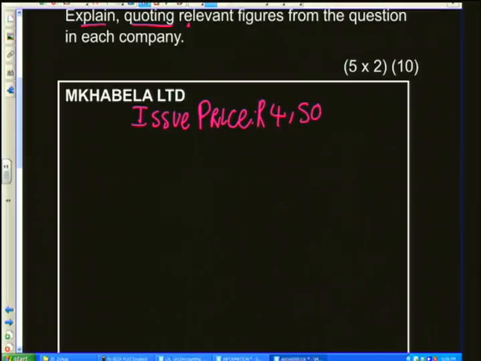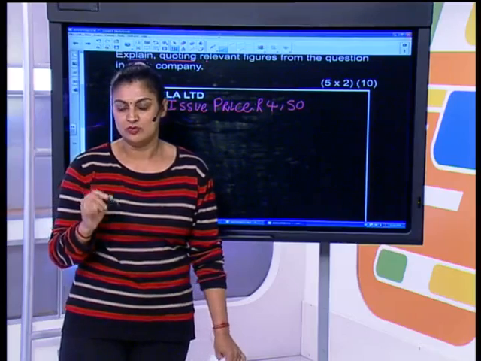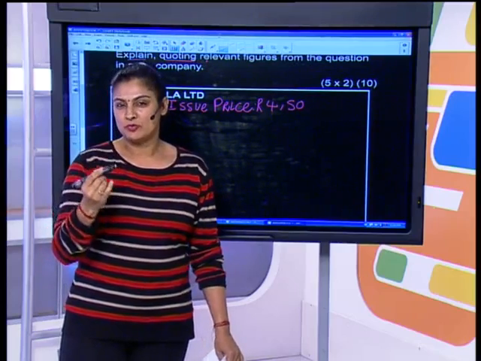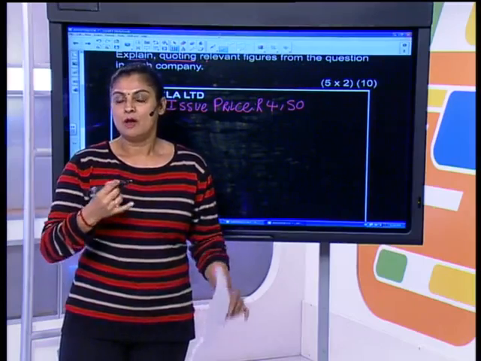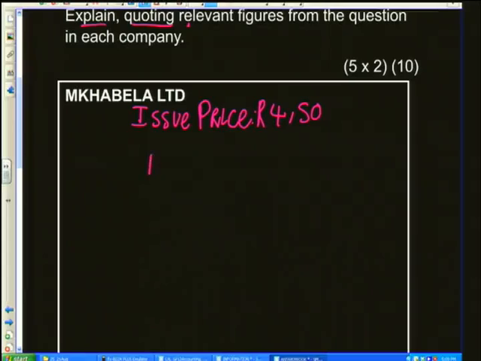Now, what are we going to compare this issue price to? Now, remember, guys, the issue price is determined by looking at your net asset value. So we need to look at net asset value as well as the market price. What are these shares selling for on the JSE? That's our market price. So we're going to look at the net asset value as well as the market price of our shares.